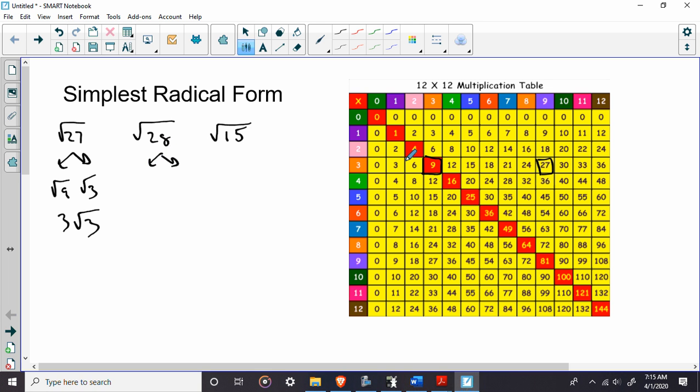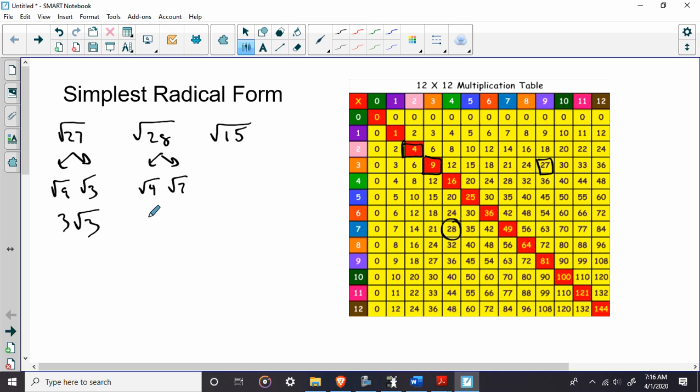Okay, 28. Let's try and break down 28. Again, 28, do I have any 28s on here? I found 28. Okay, now 28 is 4 times 7, or 4 or 7, any of these numbers? Yes. Okay, so what am I going to break this down to? Put the red number first, the perfect square first, radical 4 times radical 7, right? 4 times 7 makes 28.